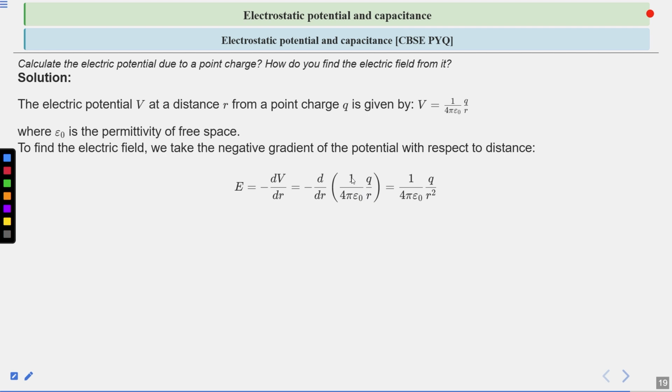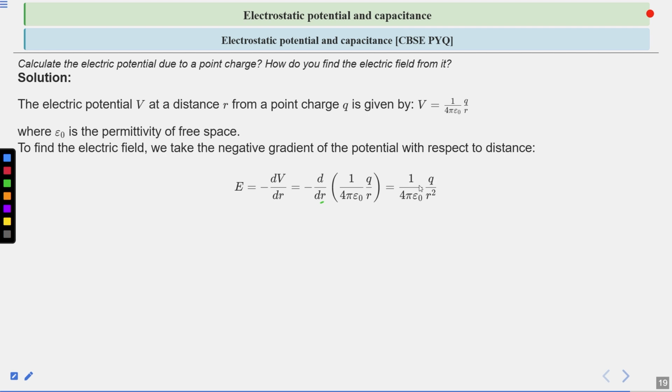The differentiation of 1 by R with respect to R is minus 1 by R square. Minus is already present, so the minus signs cancel out.